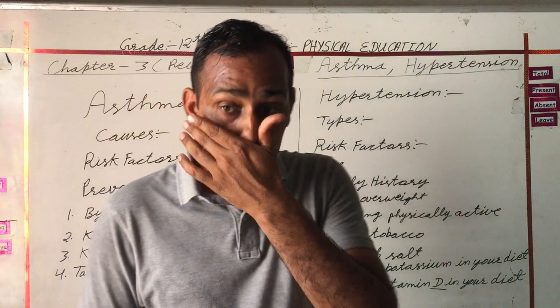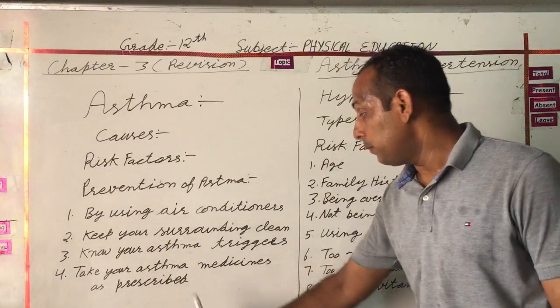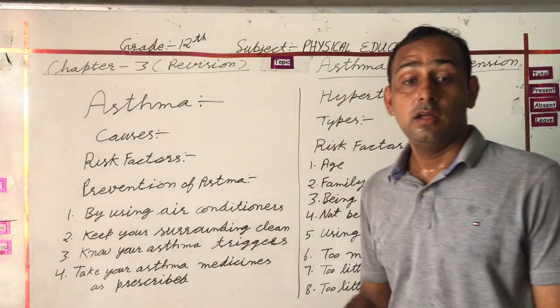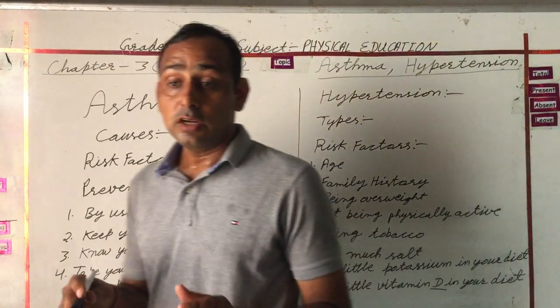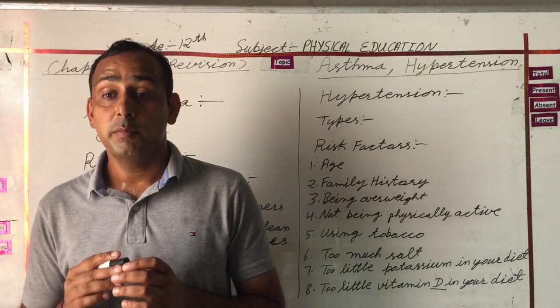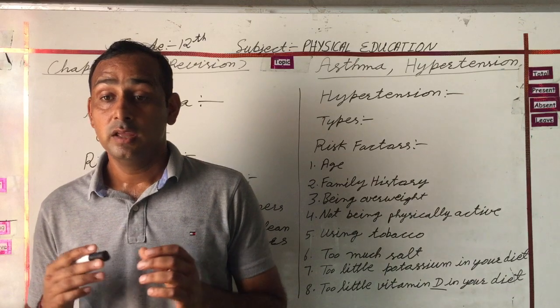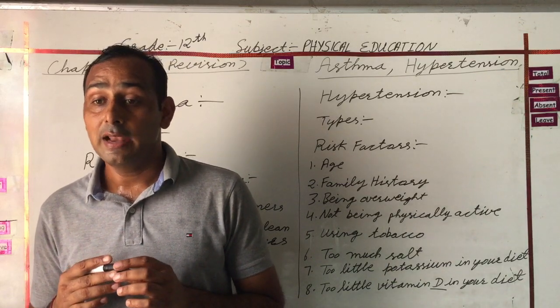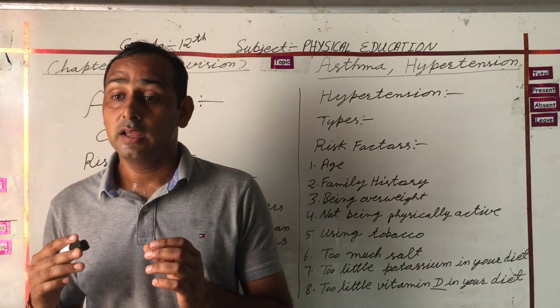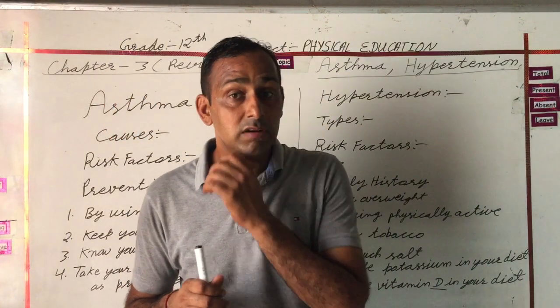The last point is to take your asthma medicines as prescribed. Take your asthma medicines regularly as prescribed by the physician. This will also help in preventing recurring asthma attacks. These are the main preventions of asthma.